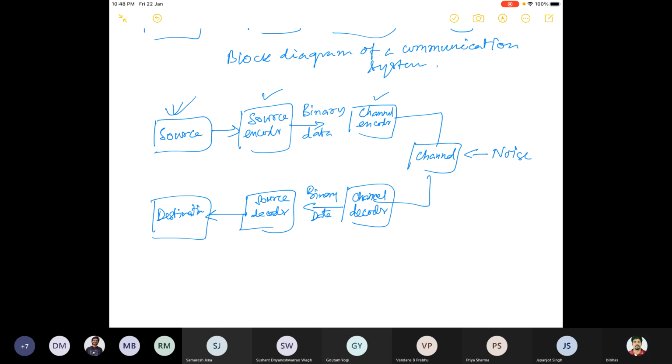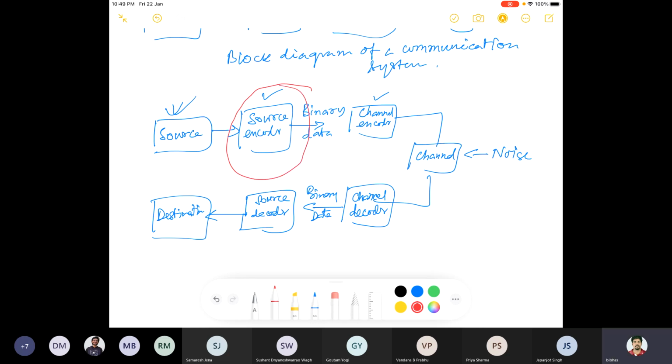One primary concern could be in this step itself, the source encoder. When I'm saying it will encode my information, it could be some alphabet, letter, whatever you want to send, a video, audio, anything.